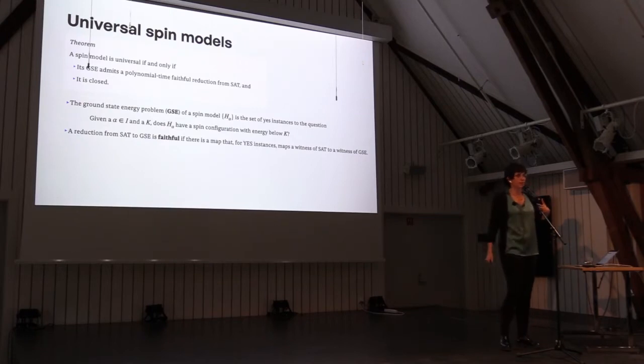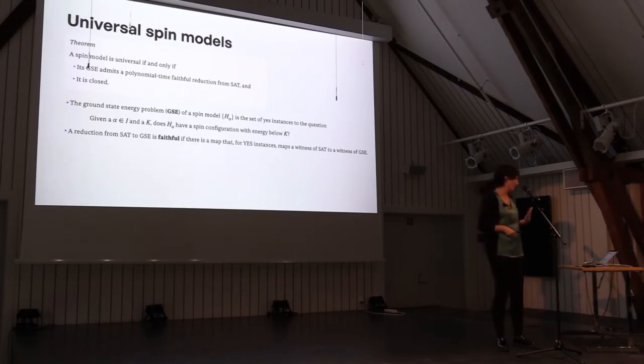Now, moreover, we require that this reduction be faithful, meaning that there is a map that, for yes instances, maps a witness of SAT to a witness of GSE. Now, Avi was calling witnesses proofs. That's exactly the same thing.